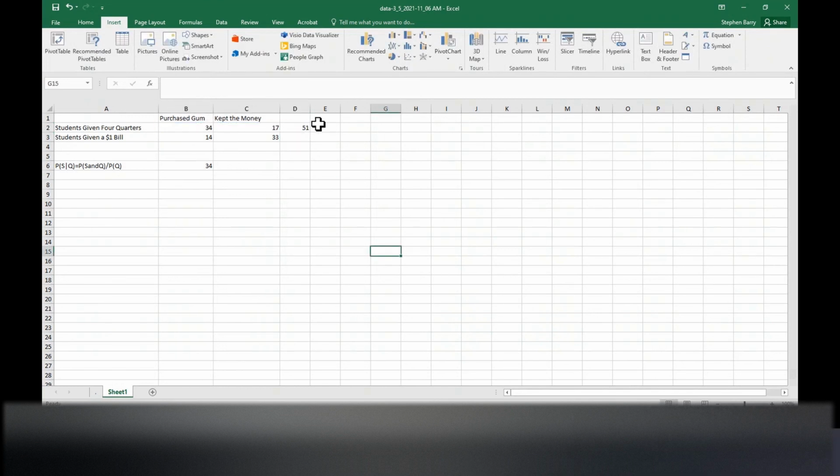So 51 people were given quarters, and 34 of them purchased gum. So you would just say that divided by this sum here.